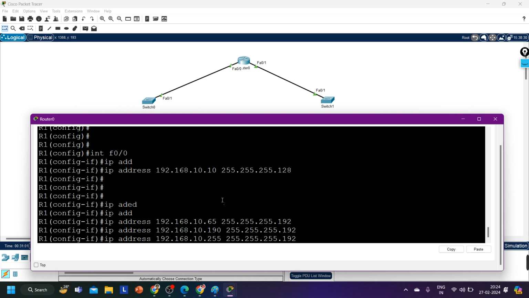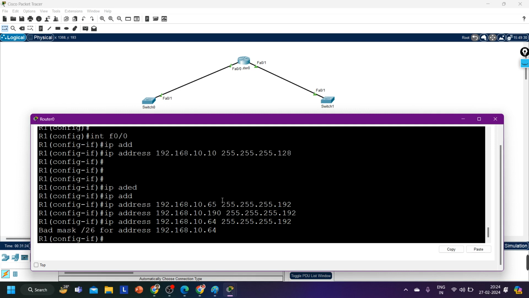Can I configure dot 64? This is a network address, the second network ID. That's why you are not able to configure it.